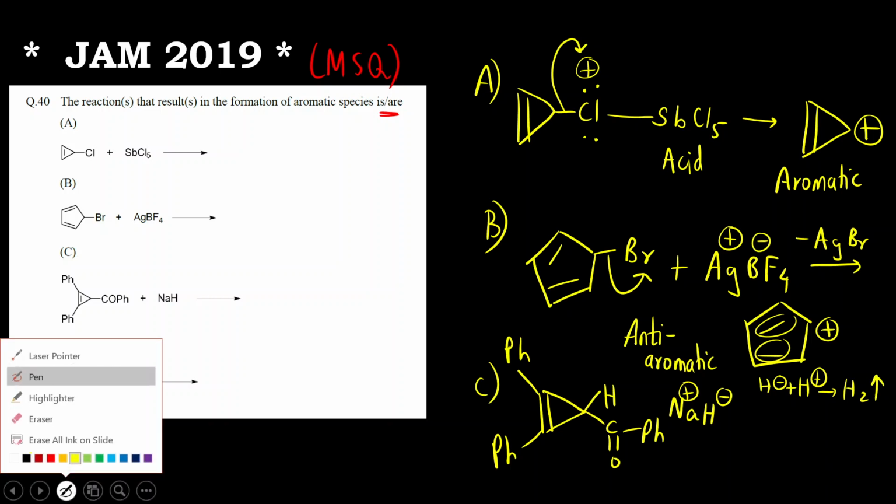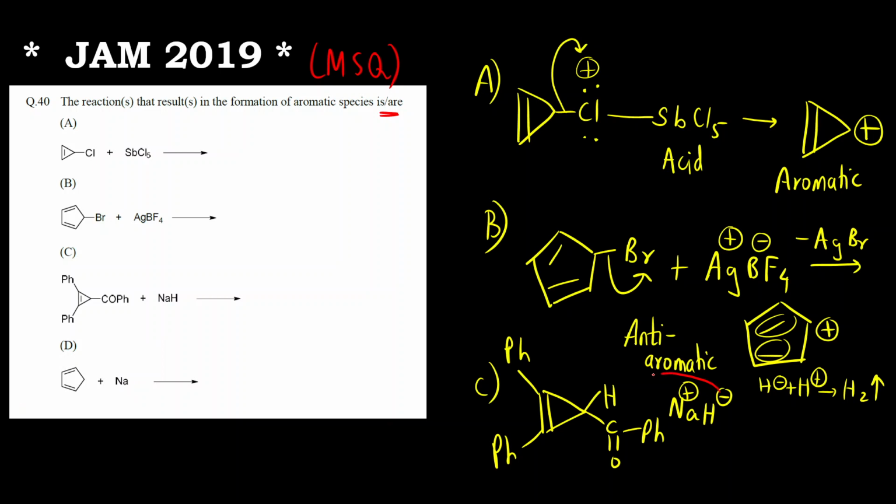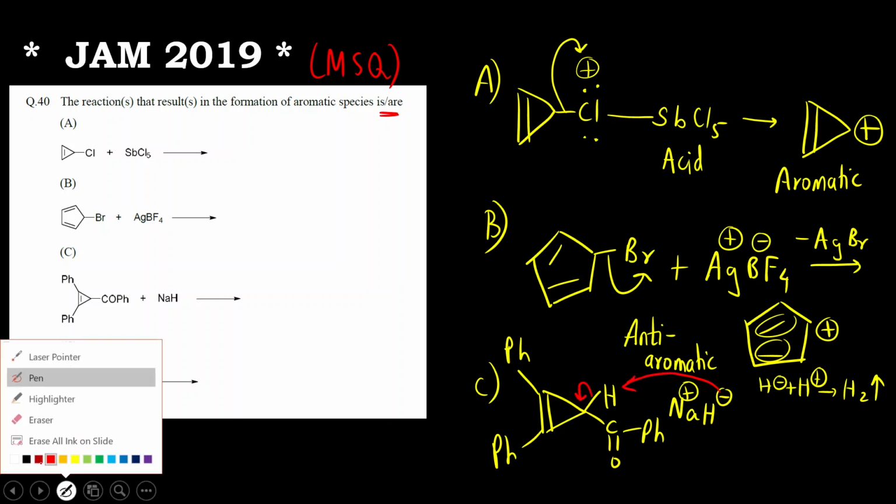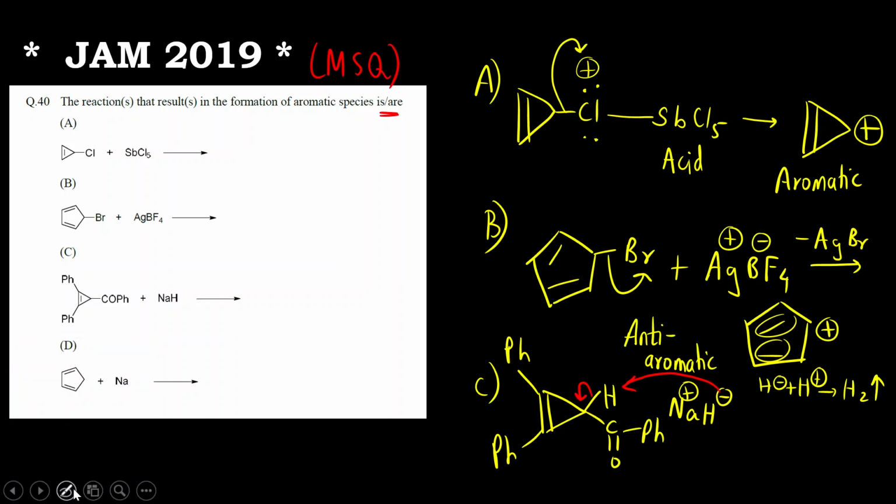So it will pick up a proton, and a negative charge will be on the ring. Before that, why is it stable? This will be stable because it can undergo resonance with the carbonyl group. That is why this anion is stable.